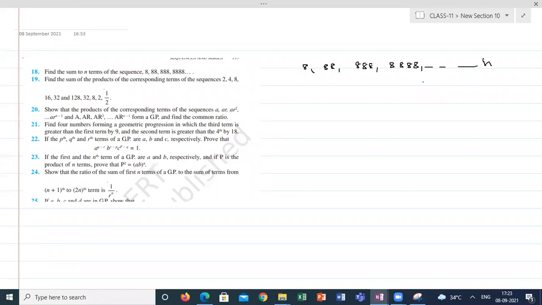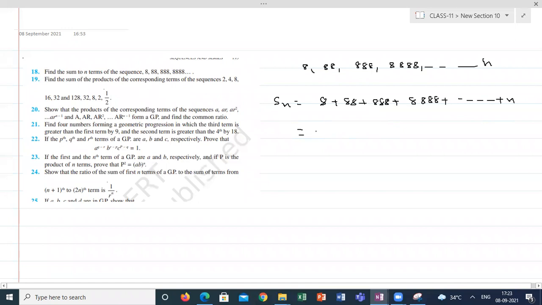How to proceed with this question? So if I am framing the n terms equation, Sn is equal to 8 plus 88 plus 888 plus 8,888 plus and so on n terms. What I am doing is I took 8 common here. Always try to give the nearest tens, multiples of 10.